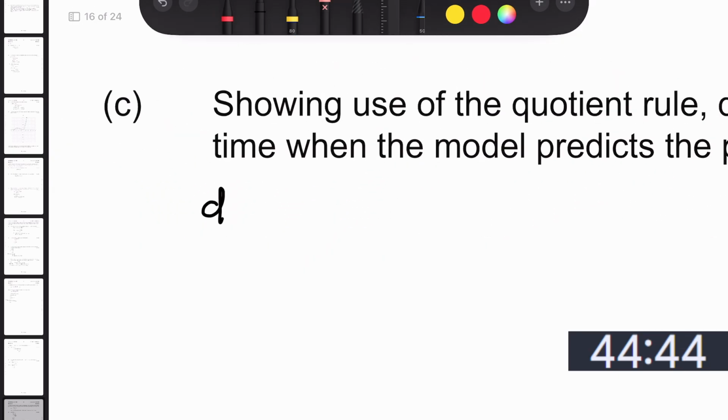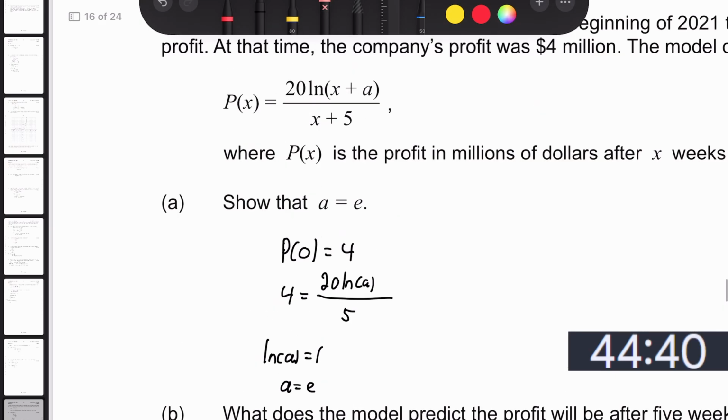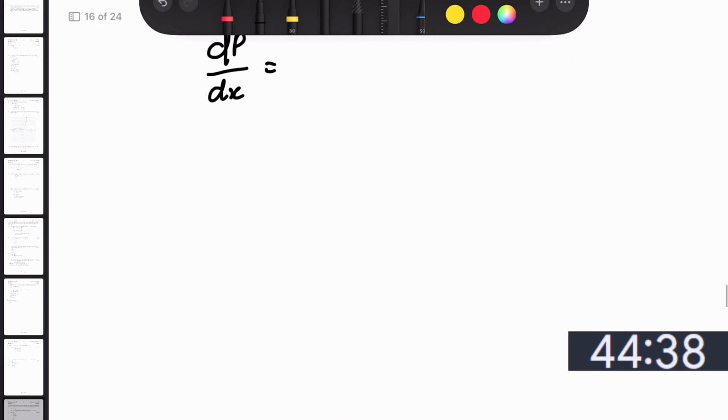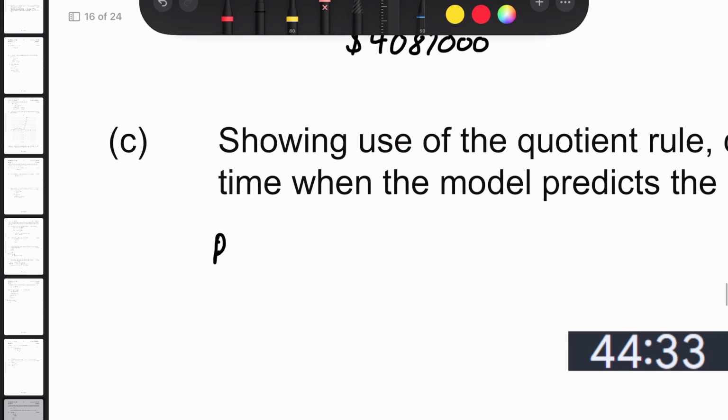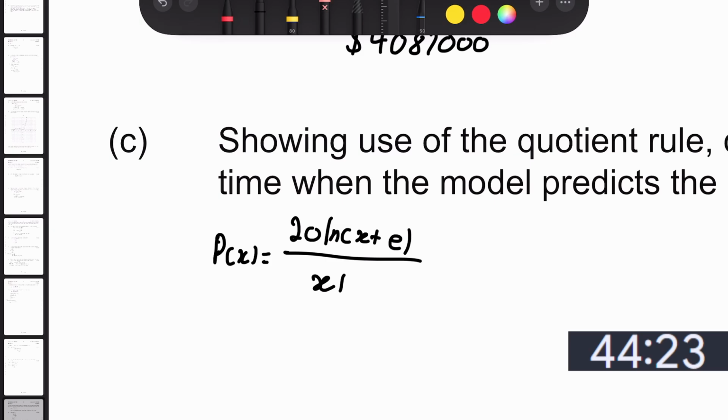So then I want dp dx is going to be 20. Okay, wait, hold on. Let me write P of x here. It's 20 ln of x plus e, all over x plus 5.